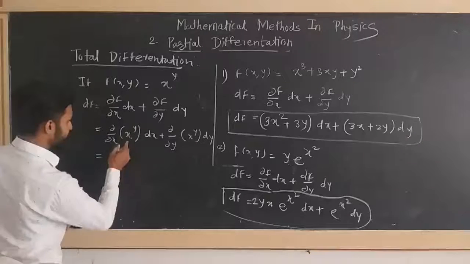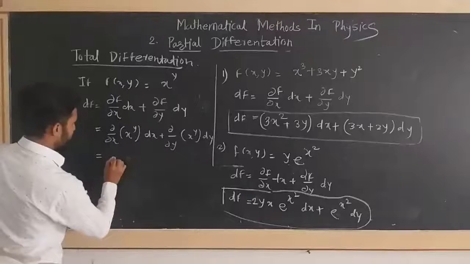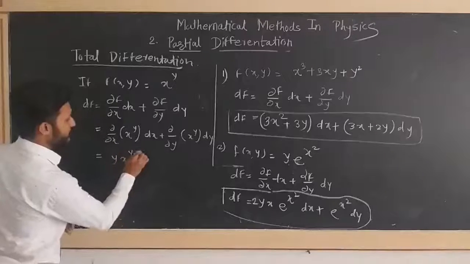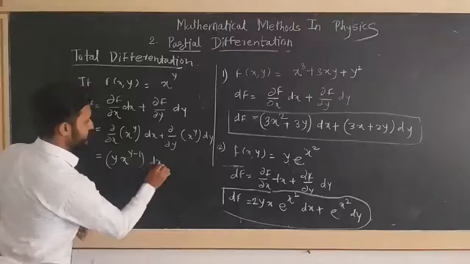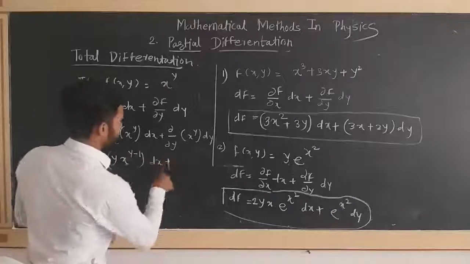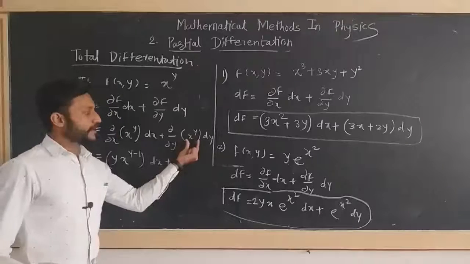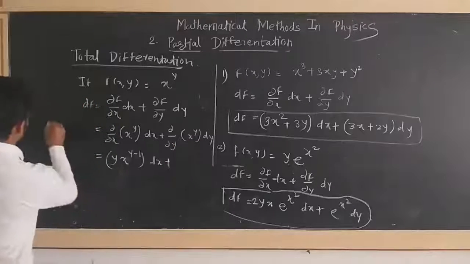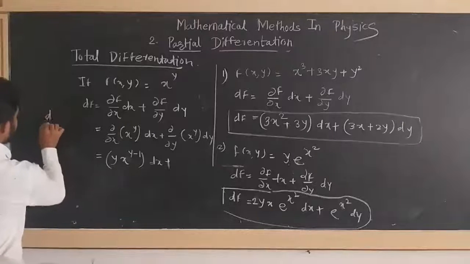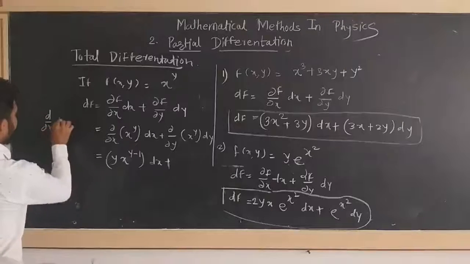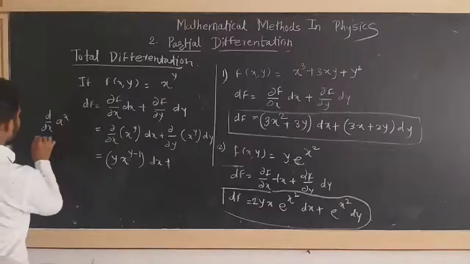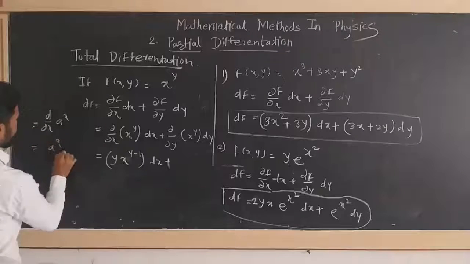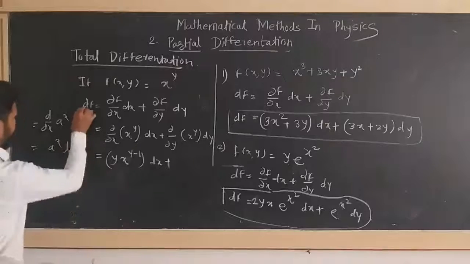We know that, yes, y x^(y-1) dx, where dx is constant. Now plus, differentiate this term with respect to y. We know that the differentiation of a raised to x is nothing but a^x log a.